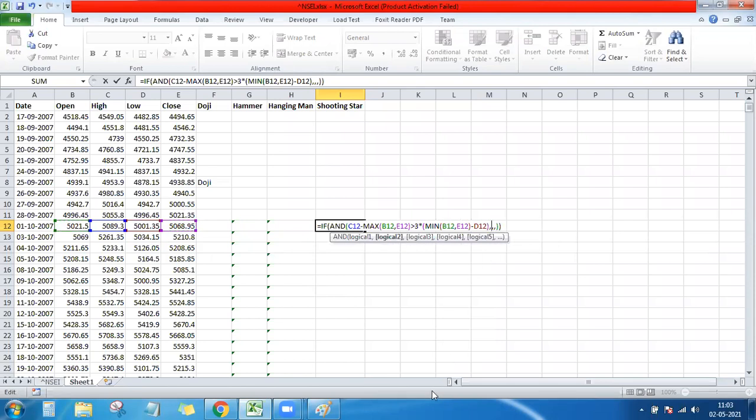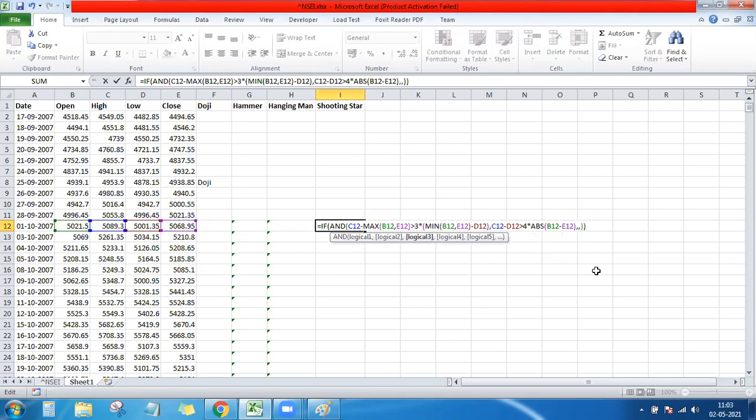Now in the second comma, it's about the real body. So high minus low should be greater than 4 times the absolute value of open minus close.